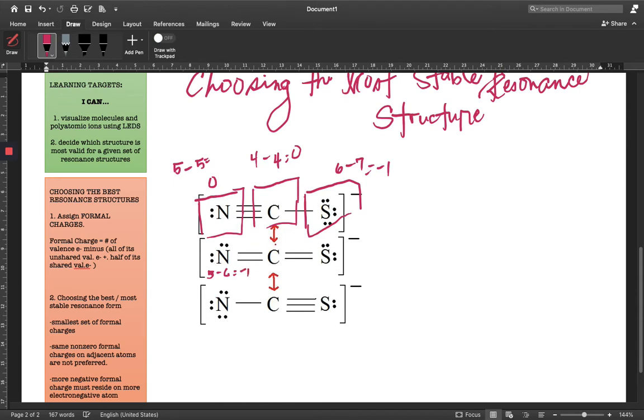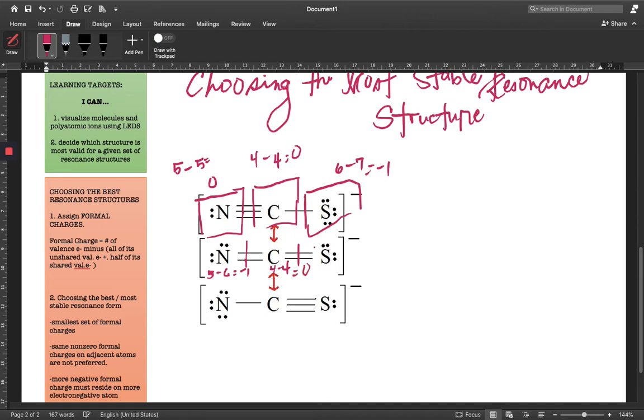Imagine that this carbon has a box here, and carbon originally has 4 valence electrons minus 1, 2, 3, 4. We'll just break the bond so that you will not be confused. So this carbon has a formal charge of 0.